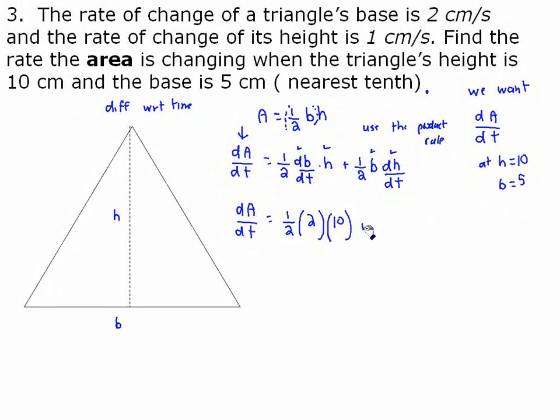And then plus 1/2 base is 5, and then dH/dt, we have 1. So dA/dt is equal to 10 plus, well, 5 over 2 is 2.5. So that's equal to 12.5.